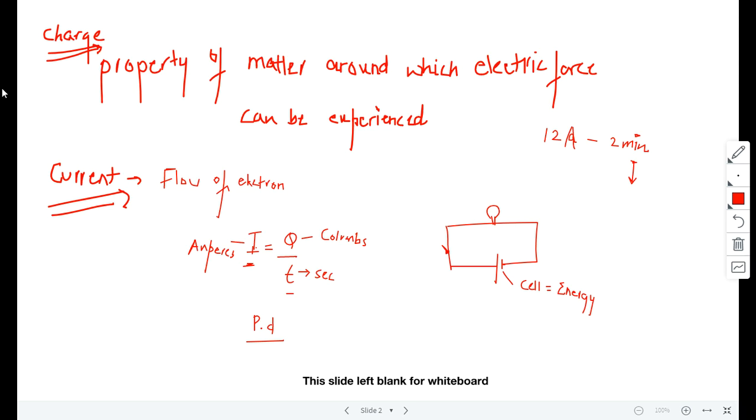So potential is the energy in a gravitational or electric field. It's like the work done by a charge in order to move from one point to another point in a field.